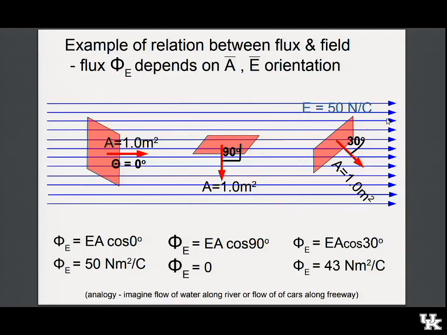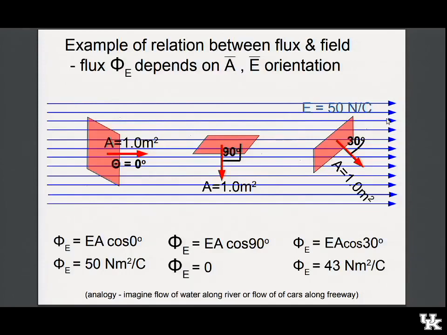So here we need to use the full equation for the calculation of the flux. It's the size of the field times the area of the surface times the cosine of the angle between the E vector's direction and the A vector's direction. And so that's the cosine of these angles here. So we're going to get different fluxes here, not because the field's different, not because the areas are different, but because the orientations are different.